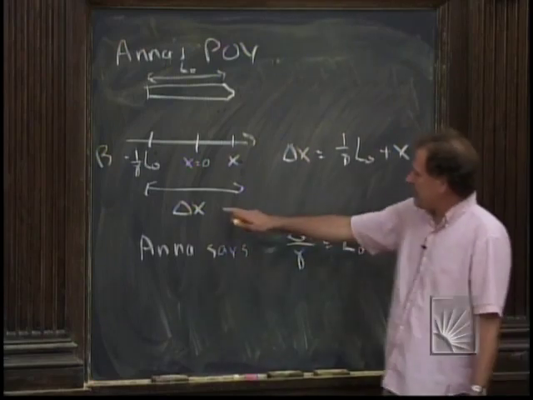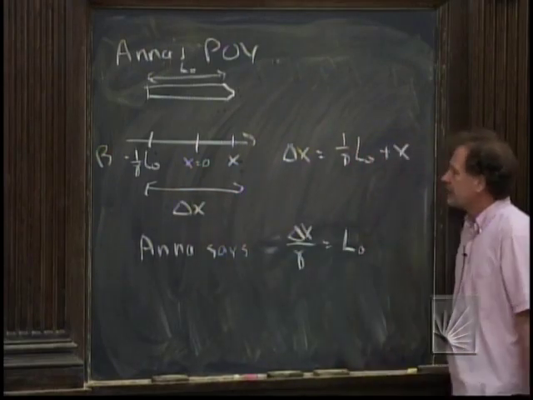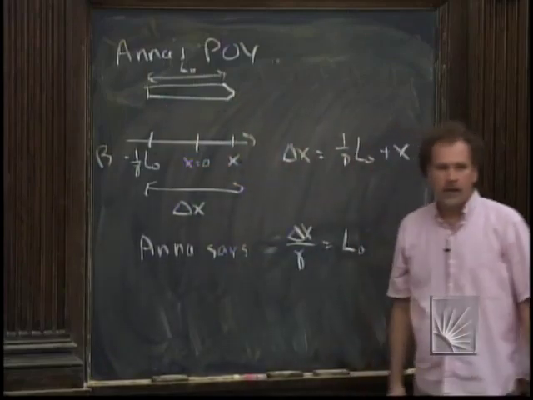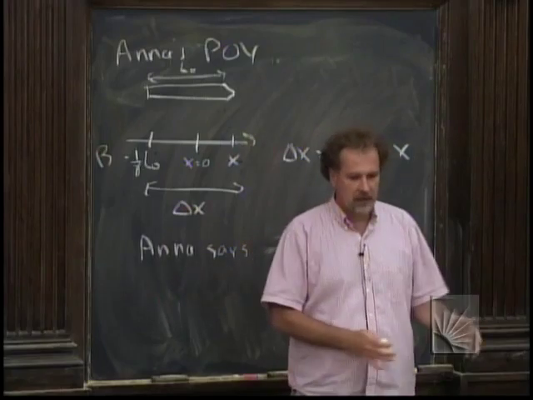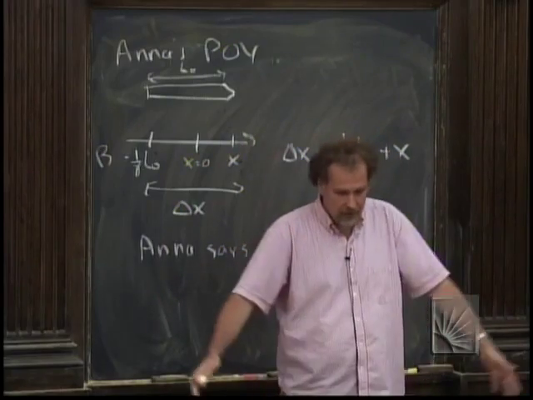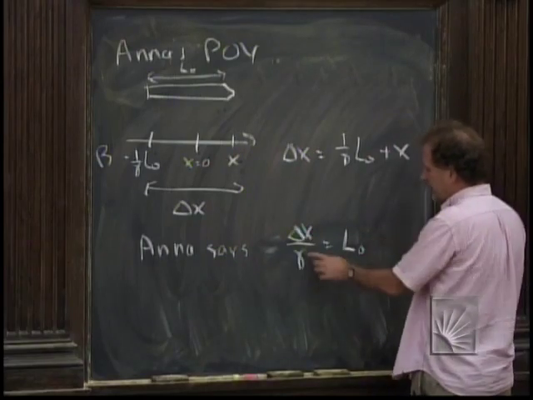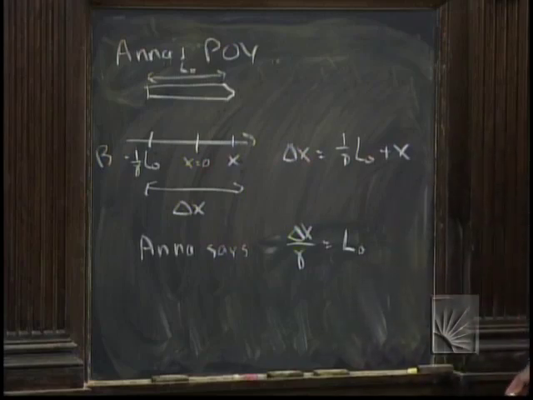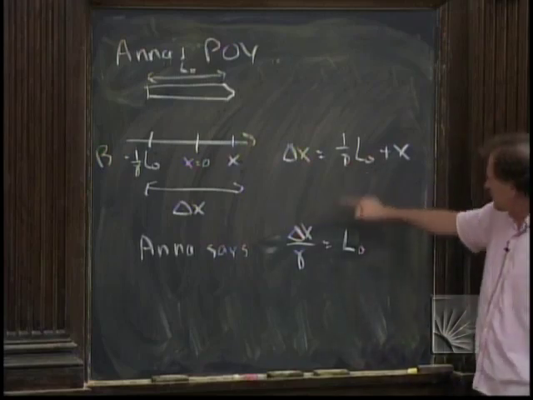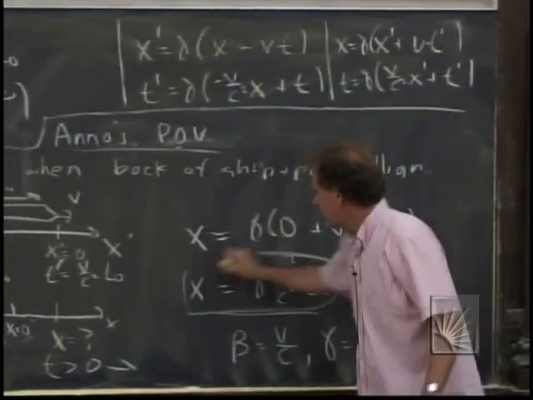That's not to say that Anna knows that in Bob's frame it's measured as delta x, and she agrees that these line up. But she simply has the original notion we had of simple length contraction. She sees Bob shooting by, and so he's smaller. So she says whatever intrinsic length he's got, I'll divide it by gamma, and that's got to line up with my L0. Let's use these two equations and see if we agree on this value of x we calculated here for where the front of the rocket is.